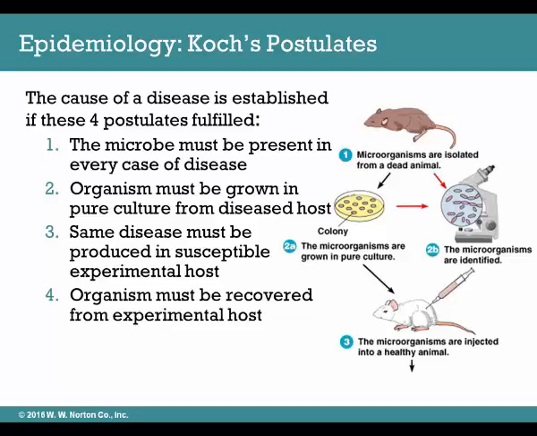So the microorganisms are grown as we will grow microorganisms in the lab, either in liquid or on a solid media surface. And then once they're in pure culture, they are studied under the microscope.